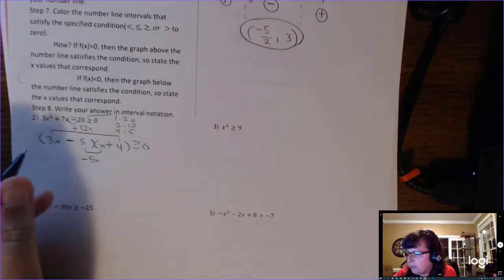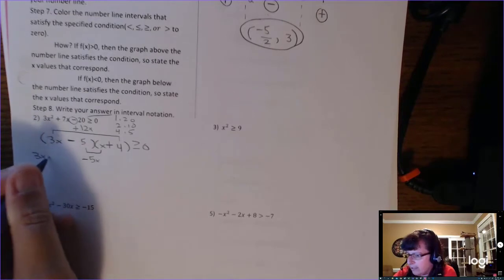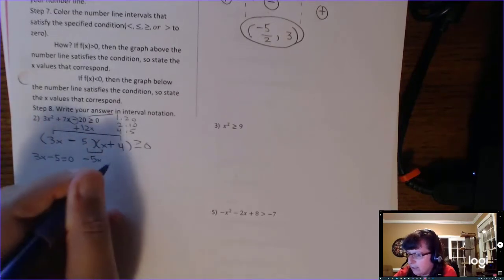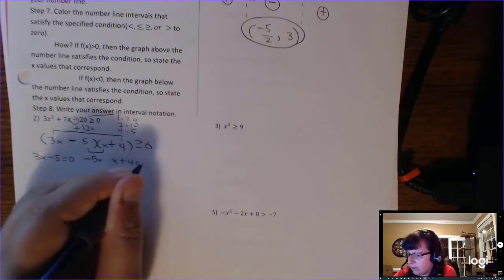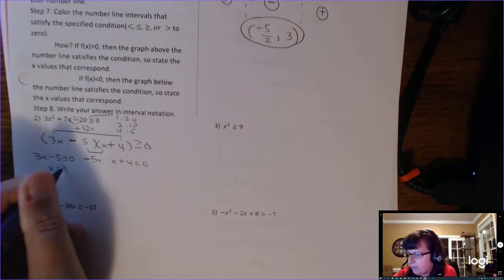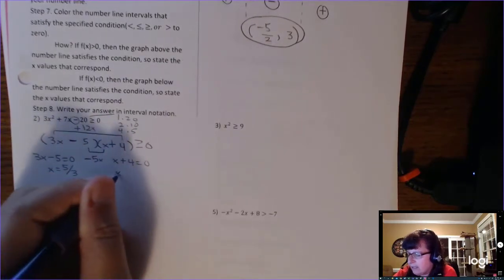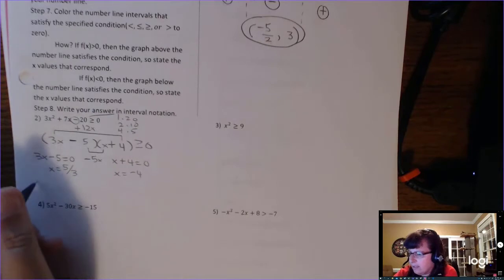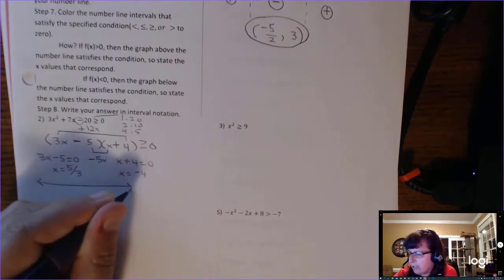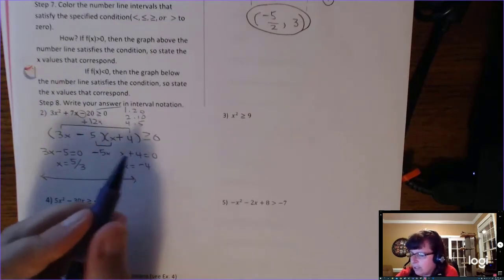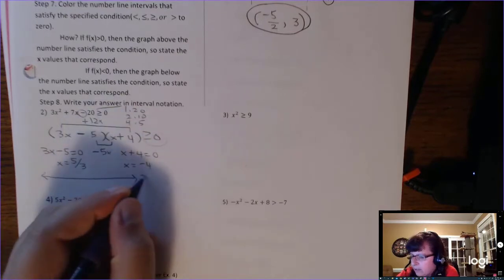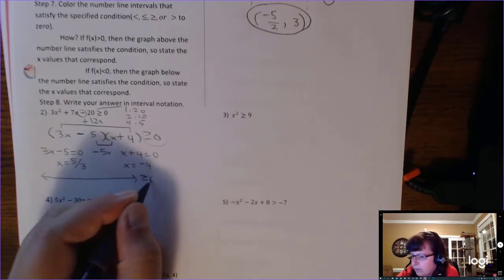Alright, next you're going to find the zeros by setting these factors equal to 0, and I get 5/3 and -4. Next, we're going to set up a number line so we can look at our test intervals, and we're going to analyze greater than or equal to 0.